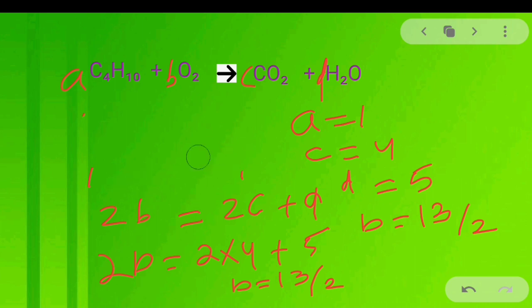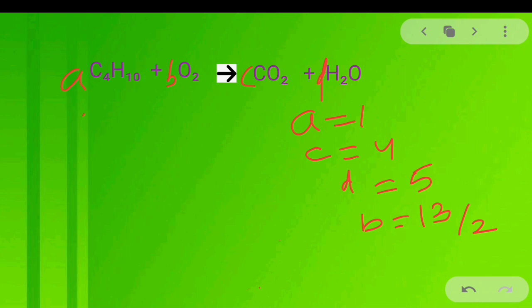Now let us write the equation once more after putting the values. But again, we need to remove the fraction. So if I remove the fraction, what is the value? Now A is equal to 2, because I need to multiply it with 2. C will become 8.